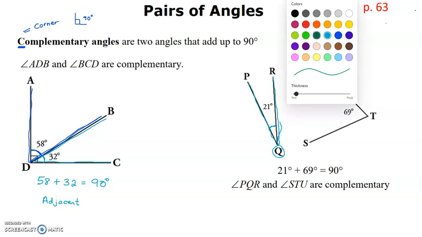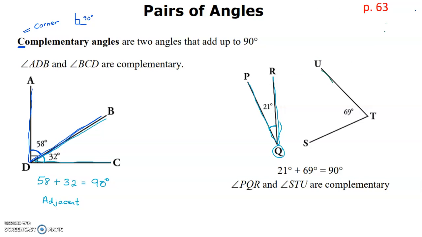And then if you're given another angle, angle UTS, or we can name it as STU, that angle is 69 degrees. And again, 21 plus 69 equals 90 degrees. So these two angles are complements. They're complementary angles.